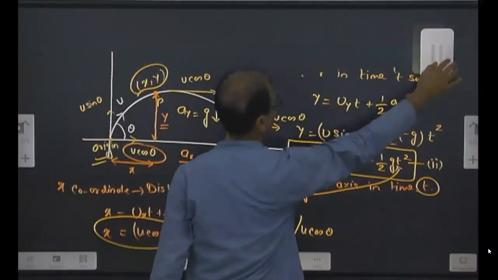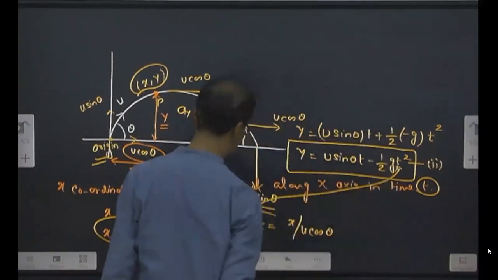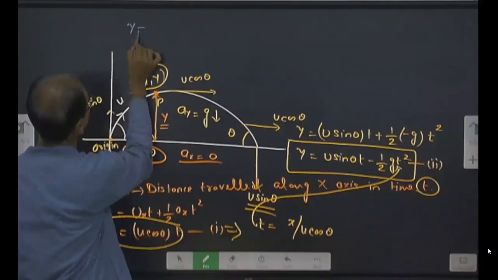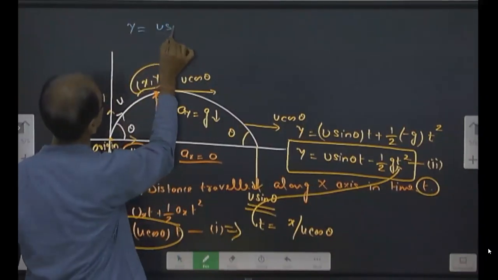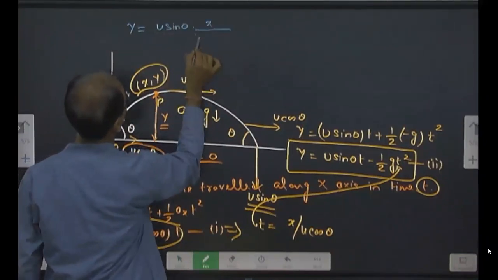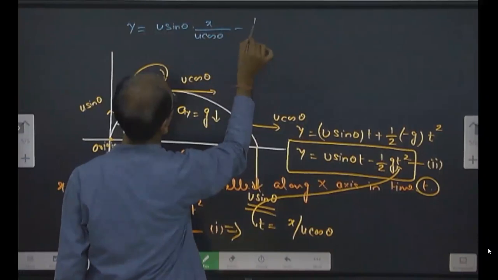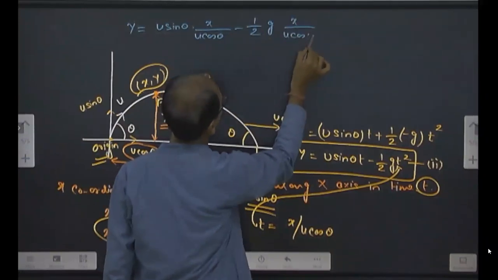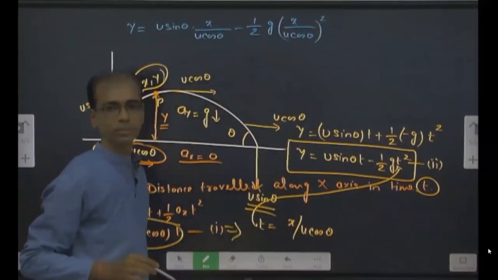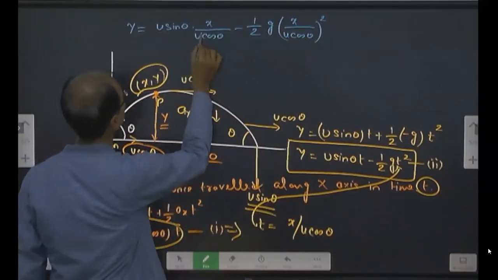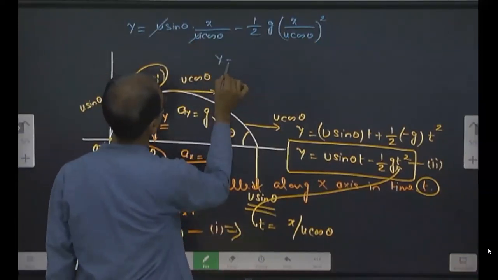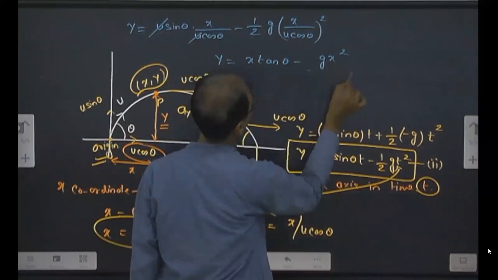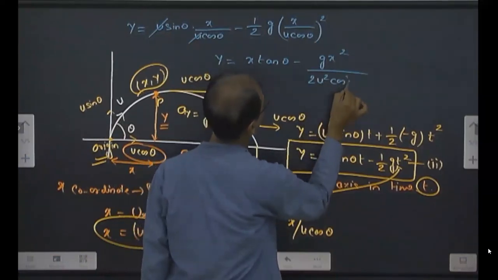So it's coming y equal to u sin theta into x by u cos theta minus half g into x by u cos theta whole square. So u and u get cancelled. We are getting y equal to x tan theta minus g x square by 2u square cos square theta.